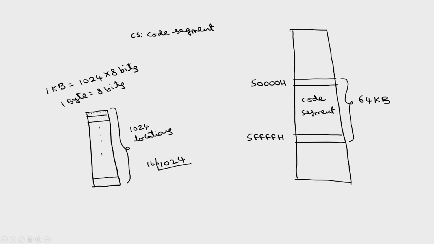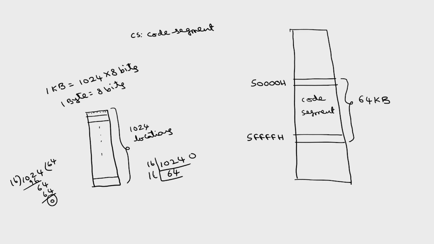So, dividing 1024 by 16: 16 times 64 is 1024, remainder is 0. Then 64 by 16: 16 times 4 is 64, remainder is 0.